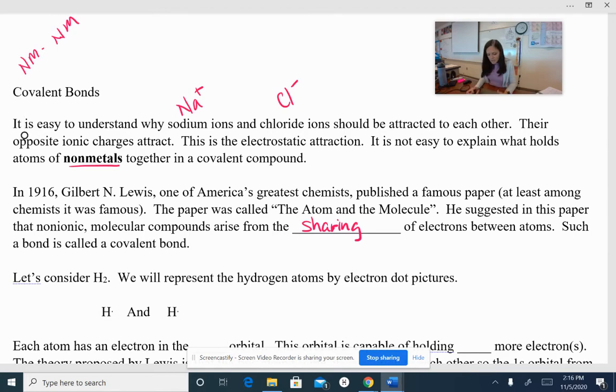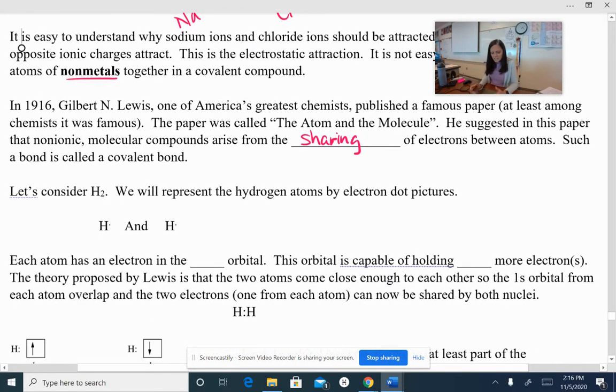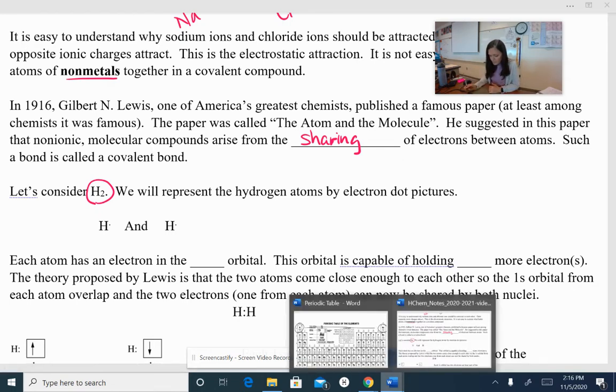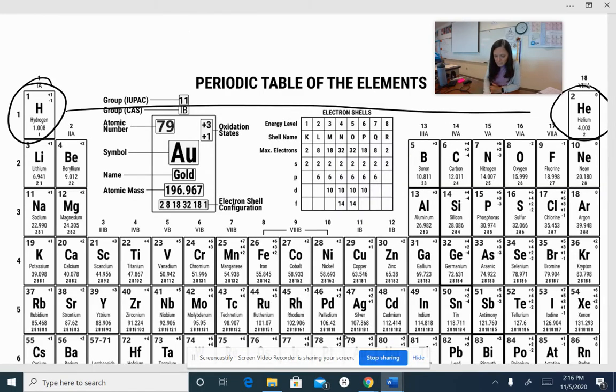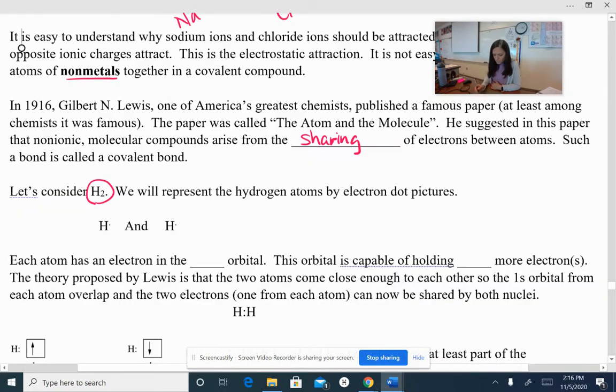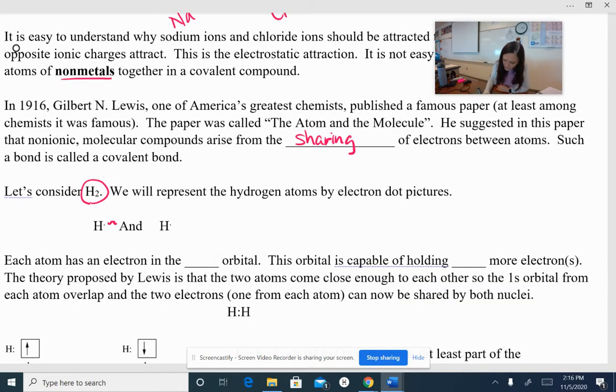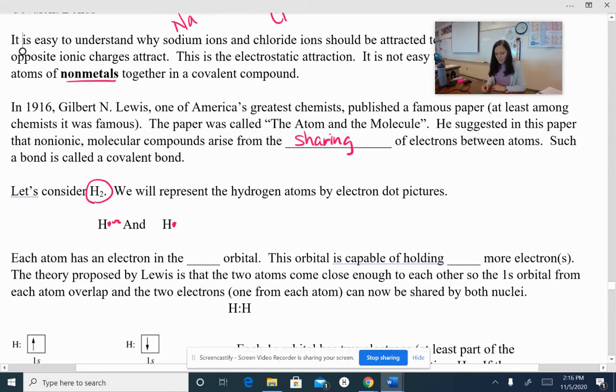So we're going to consider hydrogen. Hydrogen in nature comes to us as H2, groups of two, diatomic. If I look at my periodic table, hydrogen is in this very first column, meaning it has one valence electron. So I'm going to designate that by giving it one valence electron here and one valence electron here. Each atom of hydrogen has an electron in that 1s orbital.